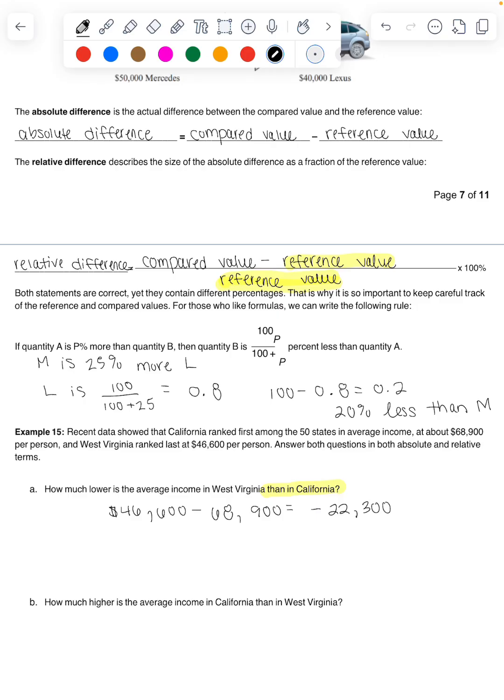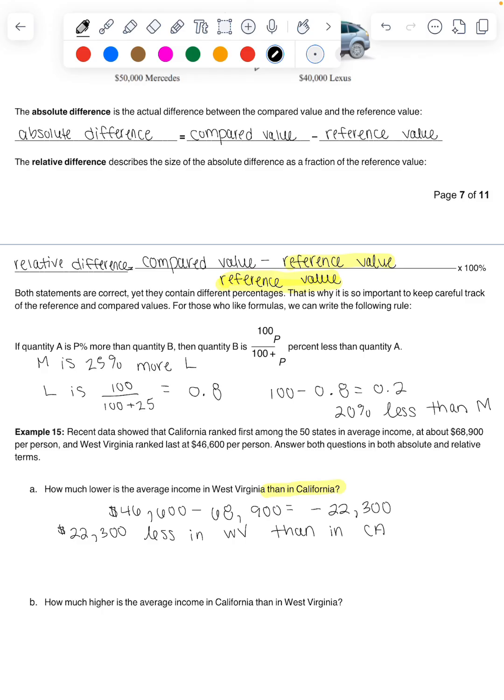So the average income is $22,300 less in West Virginia than in California.